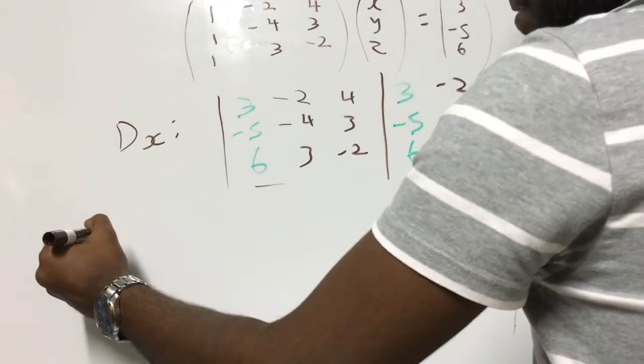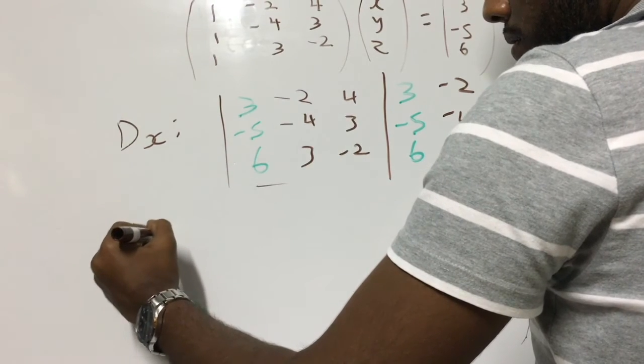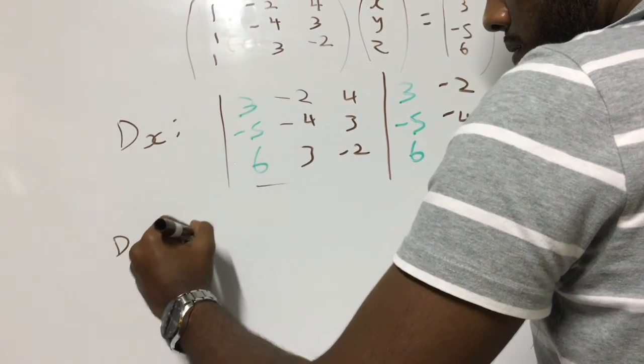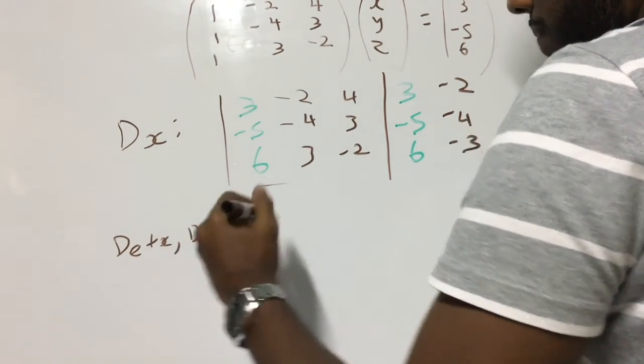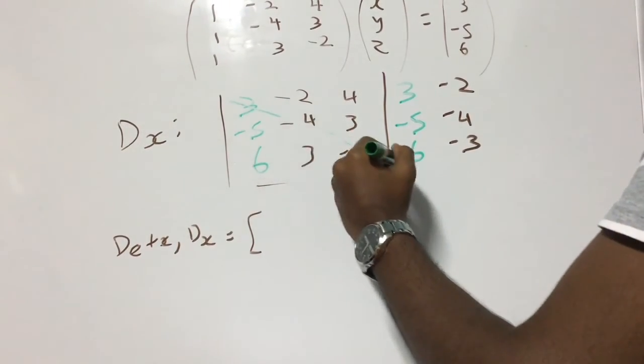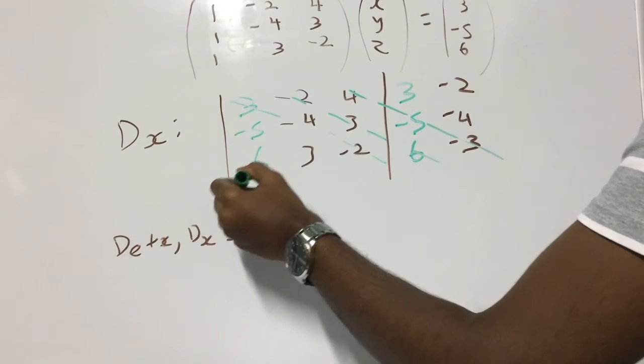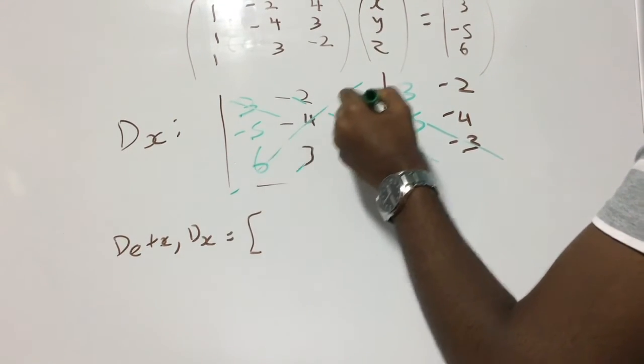And we know the determinant is equal to the sum of the products of the leading diagonals minus the sum of the products of the non-leading diagonals.